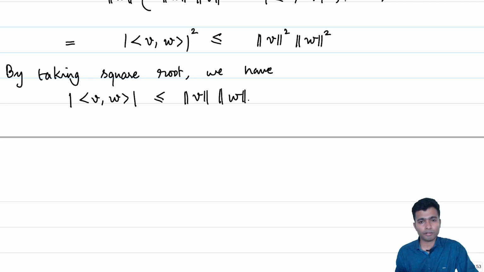That's precisely what we have established. In the case of complex vector spaces, the Cauchy-Schwarz inequality tells us that the inner product of V and W lies in a disk centered at 0 and radius length V times length W.